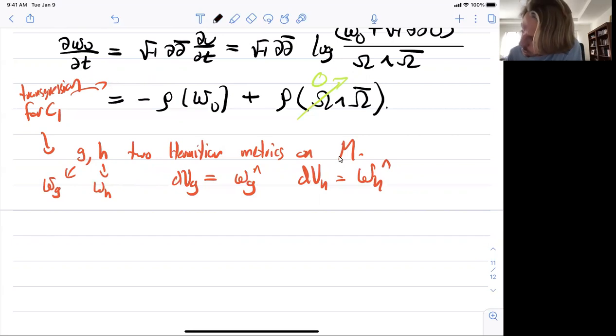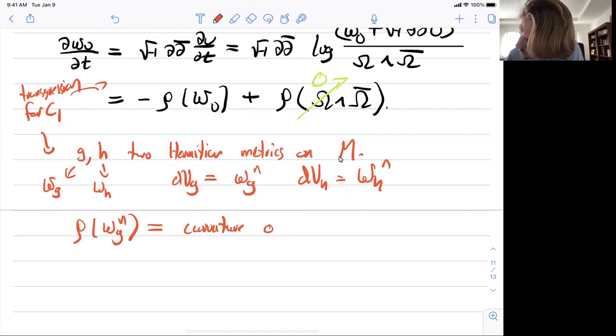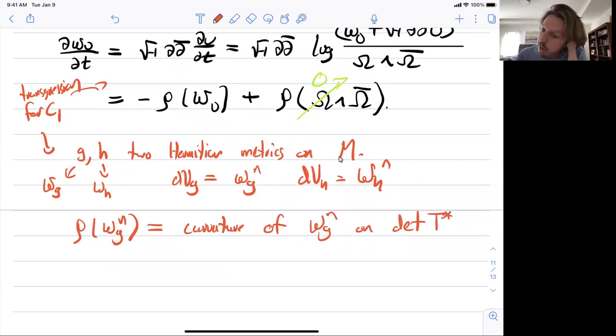Rho, in the context of this volume form, will be the curvature of this metric on the determinant line bundle associated with T star.